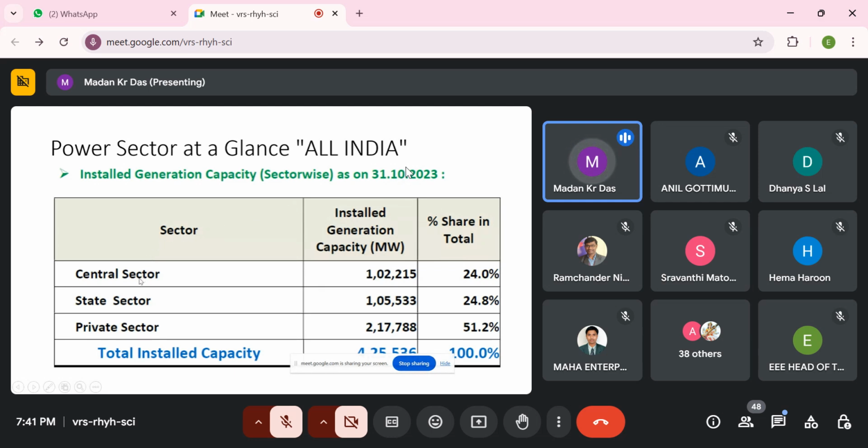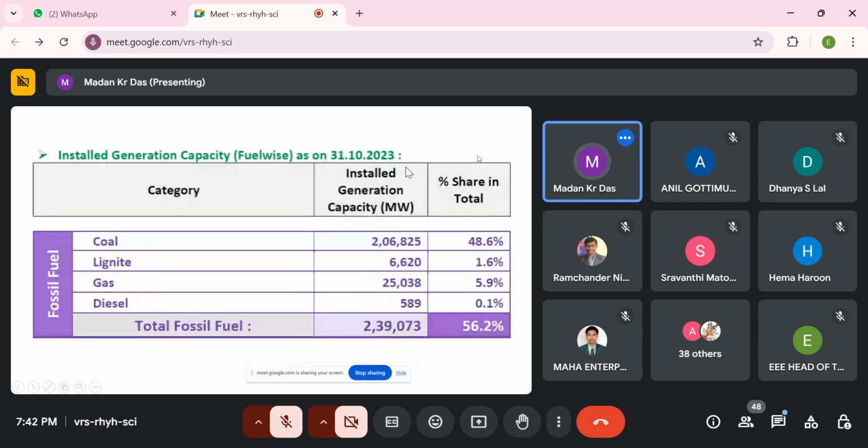This is the central sector, with installed capacity and percentage share of 24%. The state sector, installed generation capacity in megawatts, is 24.8%. Then the private sector capacity and share. The total installed capacity is 4,25,536 megawatts, and the share is 100%.